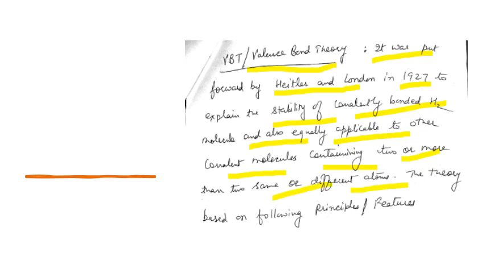This is the accepted theory for the explanation of bond formation. So let's see what the features and postulates of the theory are, so that covalent bond formation can be understood.